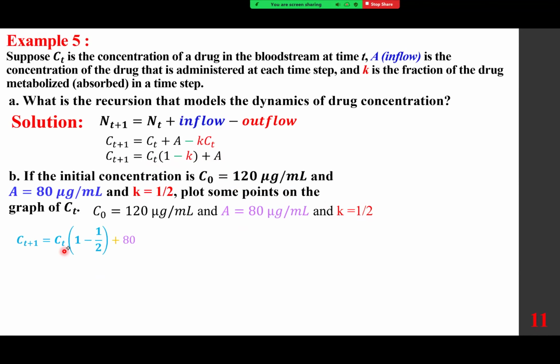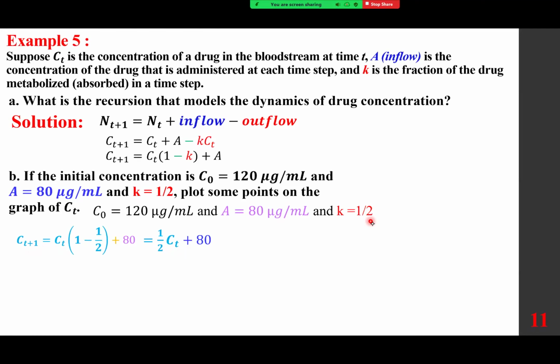So this is half. So half of C sub t plus 80. That's the general formula. And what it means is that if you want to know what happens in the next step, find half of the previous step and add 80 to it. That's the meaning of it. Why half? Because half is absorbed, half is left.